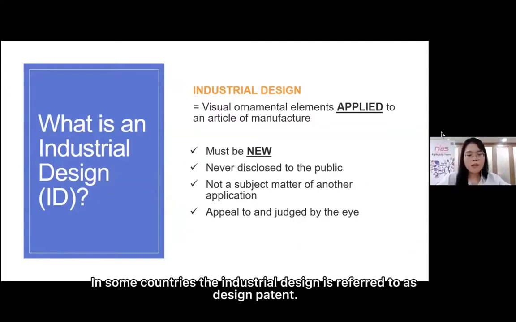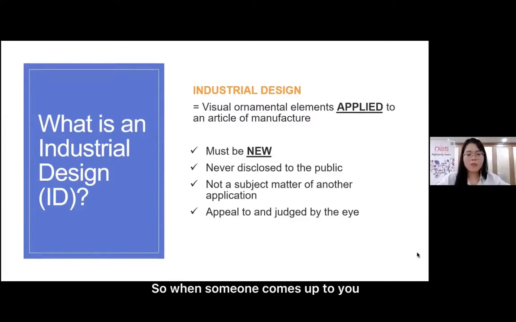So in some countries, the industrial design is referred to as design patents. So when someone comes up to you saying patents when talking about protection of designs, they may be referring to design patents or confusing the industrial design with actual patents.